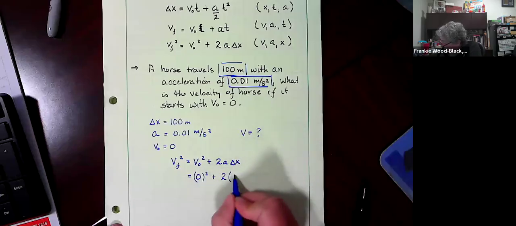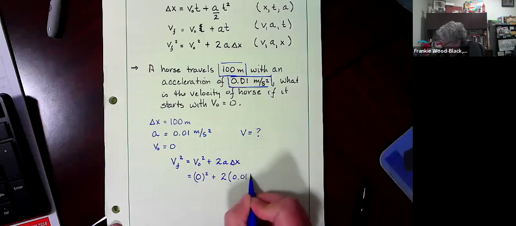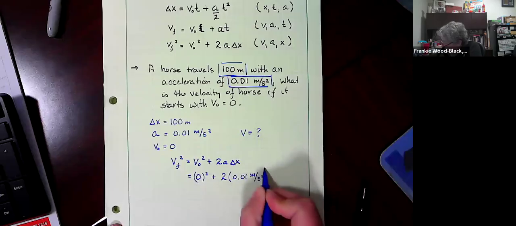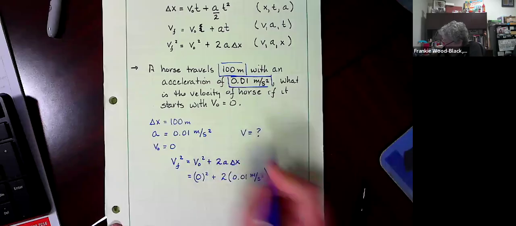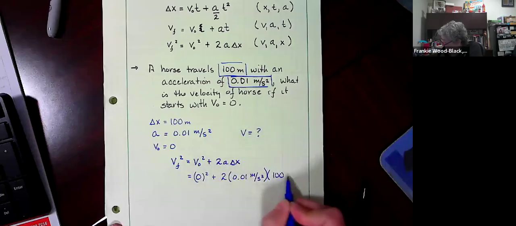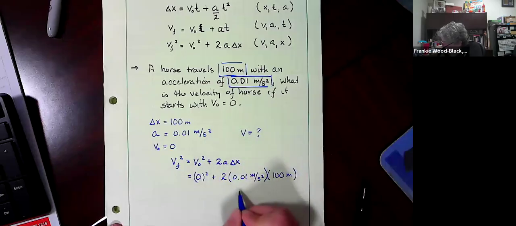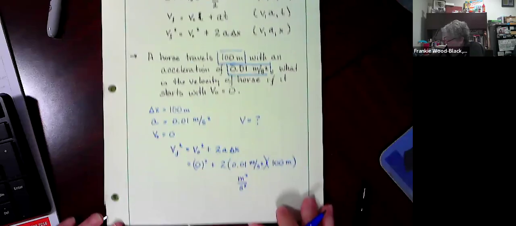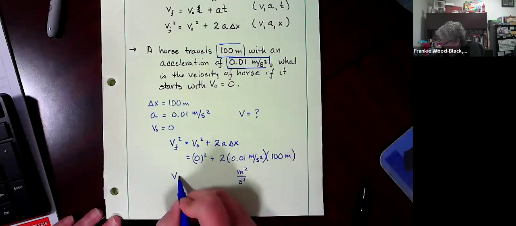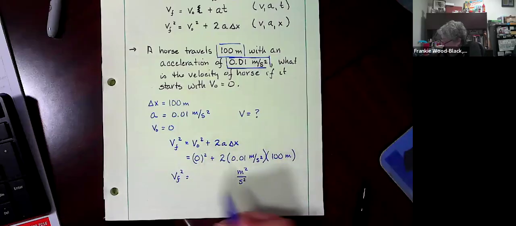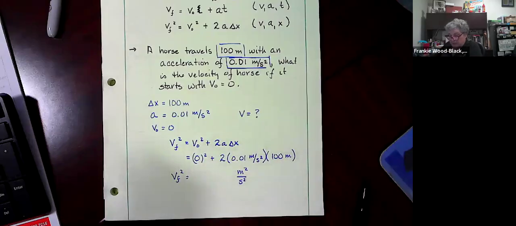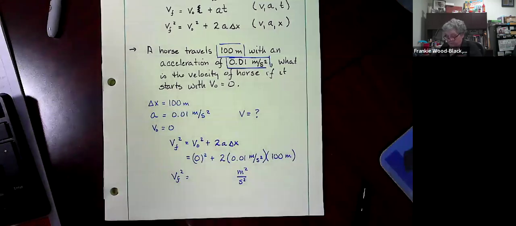My acceleration is 0.01 meter per second squared. My change in position is 100 meters. I'm going to end up with meters squared per second squared, and this is a velocity final squared. So I'm going to put in my calculator, 2 times 0.01 times 100.